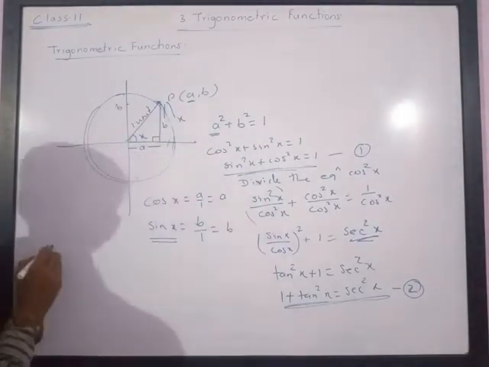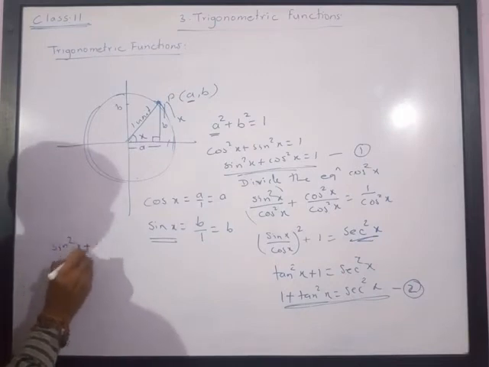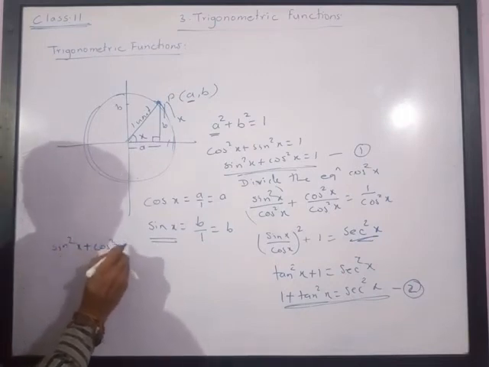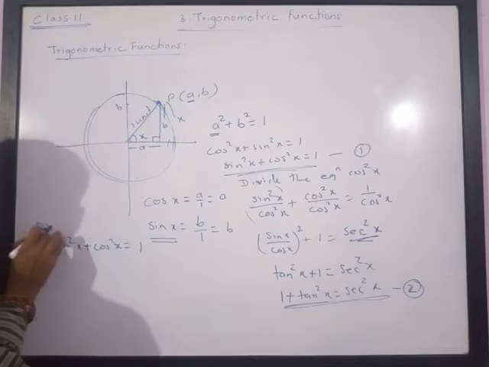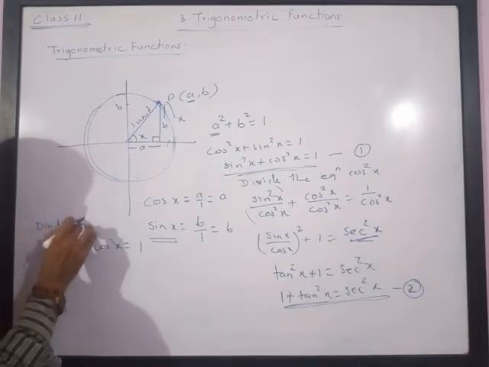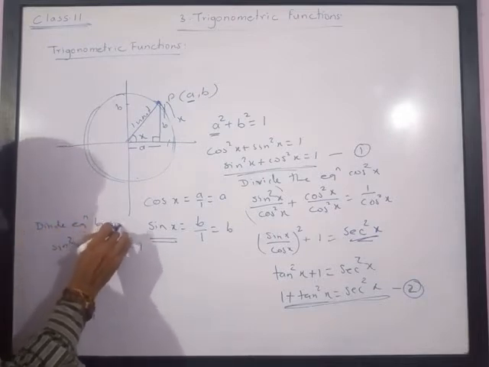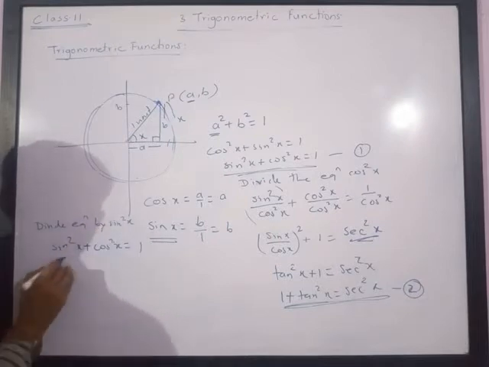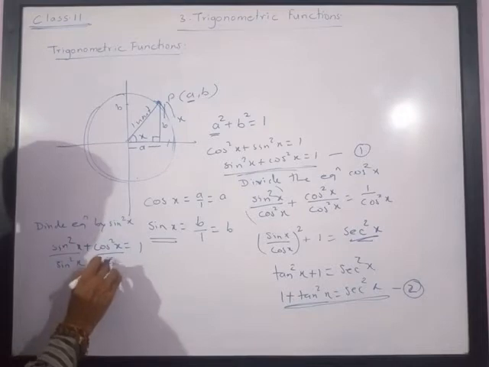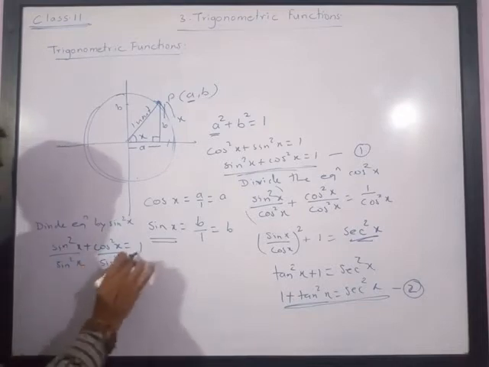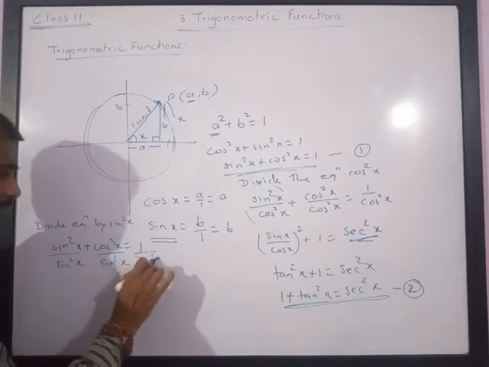If we have the equation sin square x plus cos square x is equal to 1, if you divide this equation by sin square x, you will get sin square x divided by sin square x, cos square x divided by sin square x, and 1 divided by sin square x.